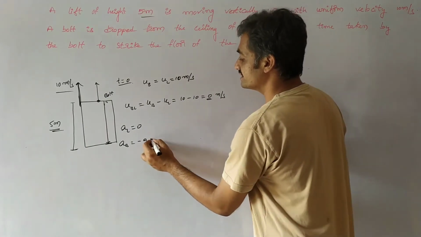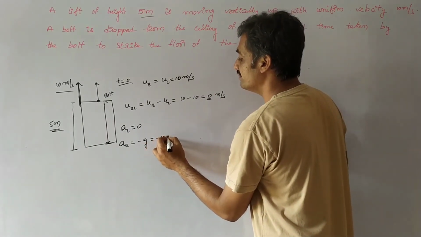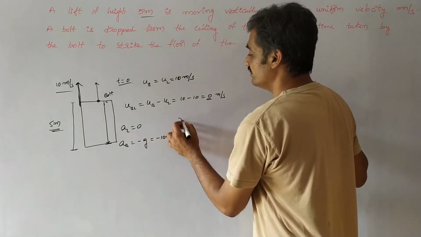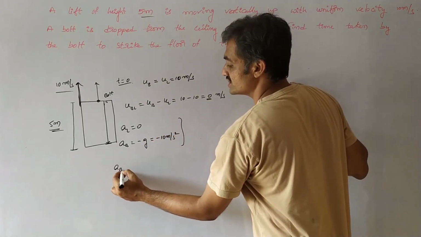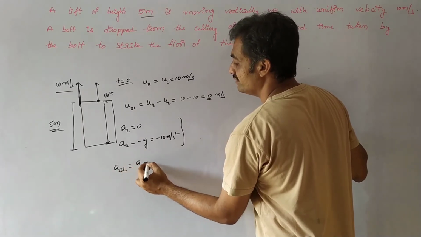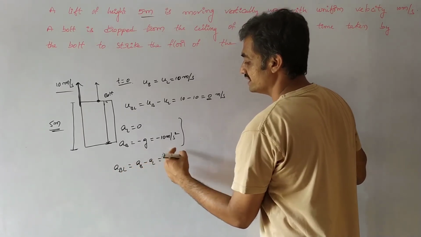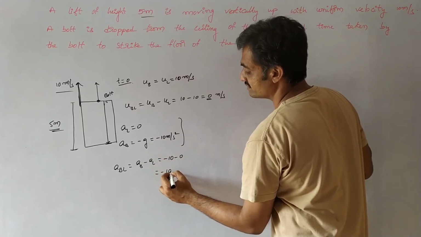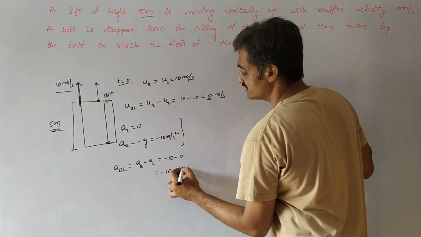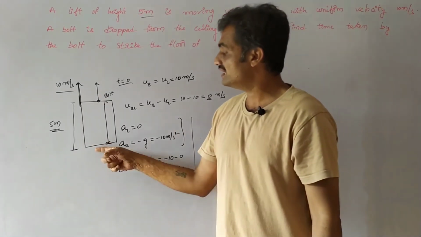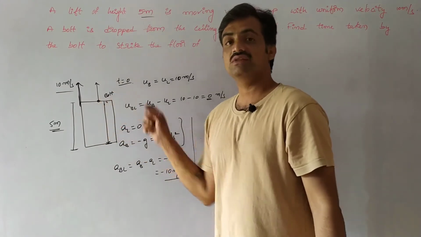So we can write it as minus 10 meter per second square. So the relative acceleration a_bl equals a_b minus a_l equals minus 10 minus 0, which is minus 10 meter per second square.